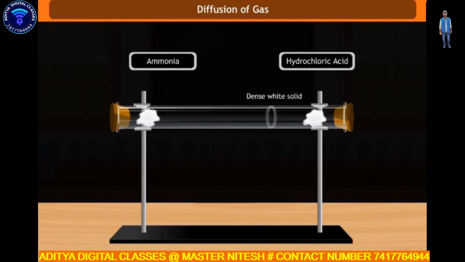It is ammonia gas. The distance between the cotton wool soaked in ammonia and the dense white ring is greater than that between the cotton wool soaked in the hydrochloric acid and the dense white ring. So from this experiment we can conclude that the ammonia gas covered a greater distance inside the tube.